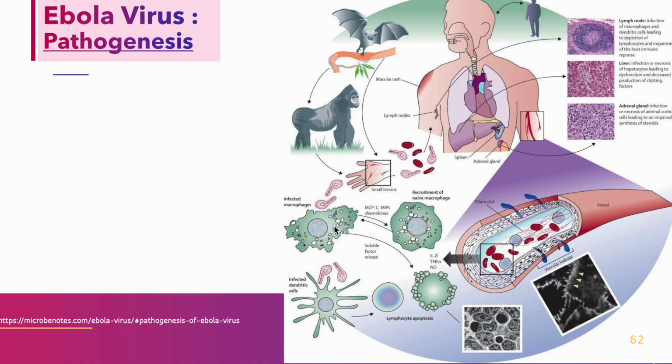So infected macrophages will release chemokine to recruit another naive macrophage, meaning a new macrophage that is not infected, to become infected, and also can release cytokines such as interleukin 8, TNF alpha, and nitric oxide.